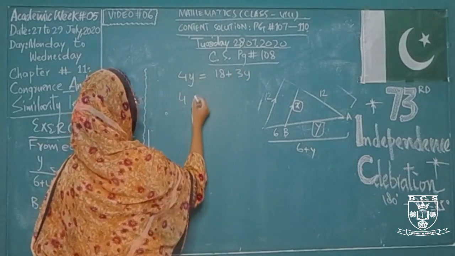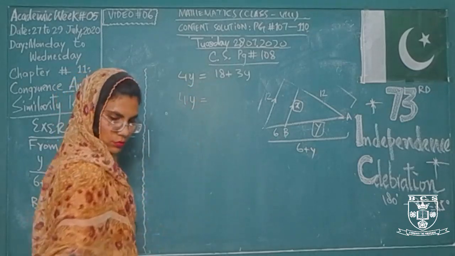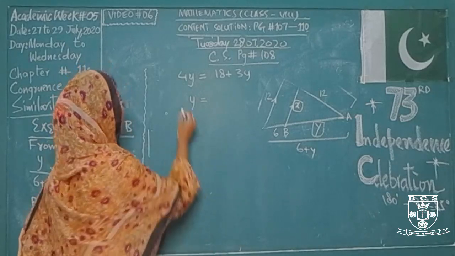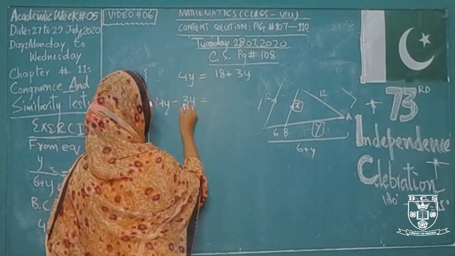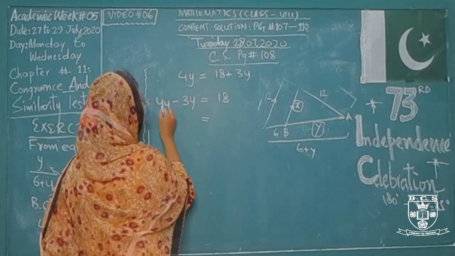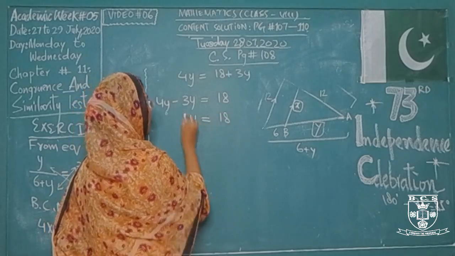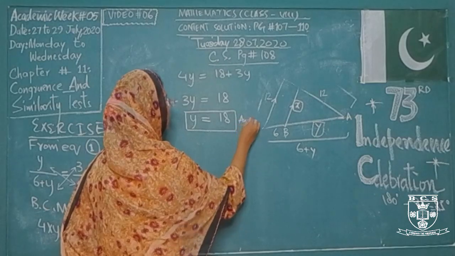So from my 4y, I am subtracting my 3y on the left hand side, and 18 stays in its position. So 4y minus 3y is equal to y. So right over here, y is equal to 18. This is the first answer.